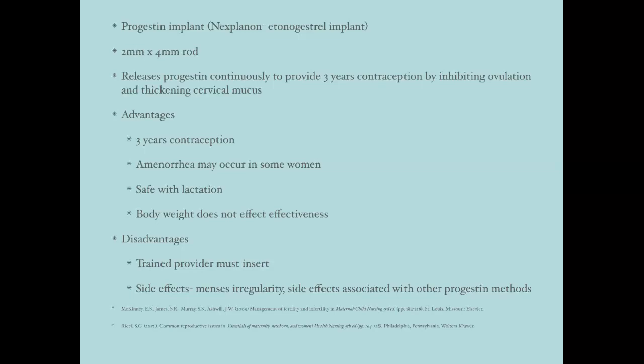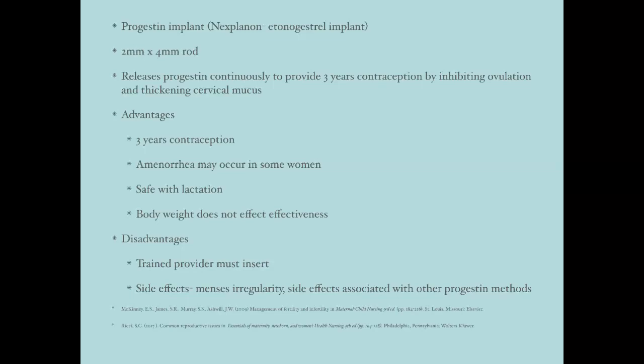We use some local anesthetic to numb that little area, make a very tiny small incision, and then the applicator, as you saw on the previous screen, just places it right in there, and then usually just a strip over it. There are some nice little YouTube videos on insertion.